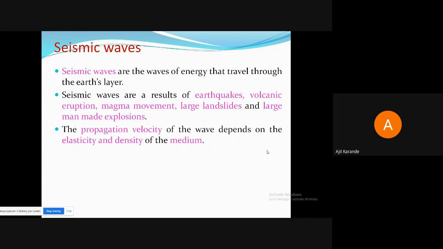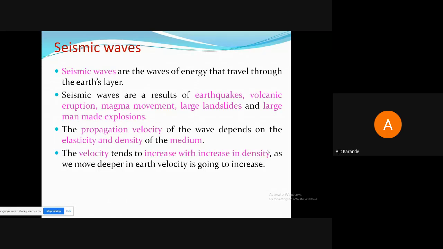So generally, as far as the propagation velocity of seismic waves is concerned, it totally depends on the physical, chemical or mechanical properties of the material. So composition of lithosphere and asthenosphere is one important parameter as far as the velocity of seismic waves is concerned.